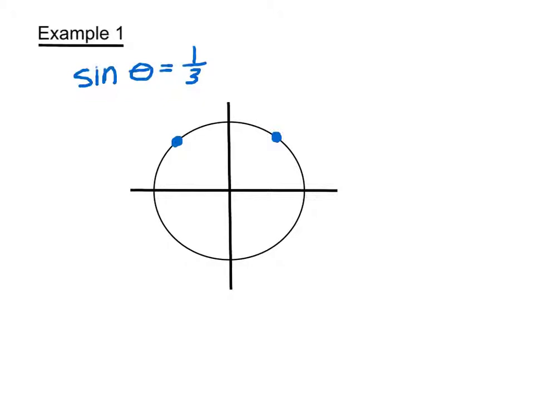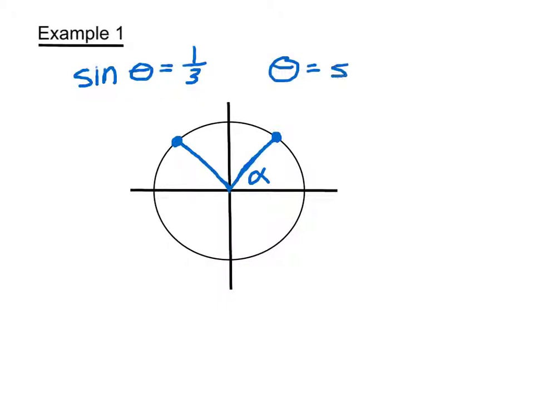But we'll use the working angle to give us some more exact calculations. Also, since our ratio is positive, our working angle, which we'll call alpha, is going to be one of our solutions to this equation. And I don't really need to do much different to find alpha. I just need to set up an inverse sine.